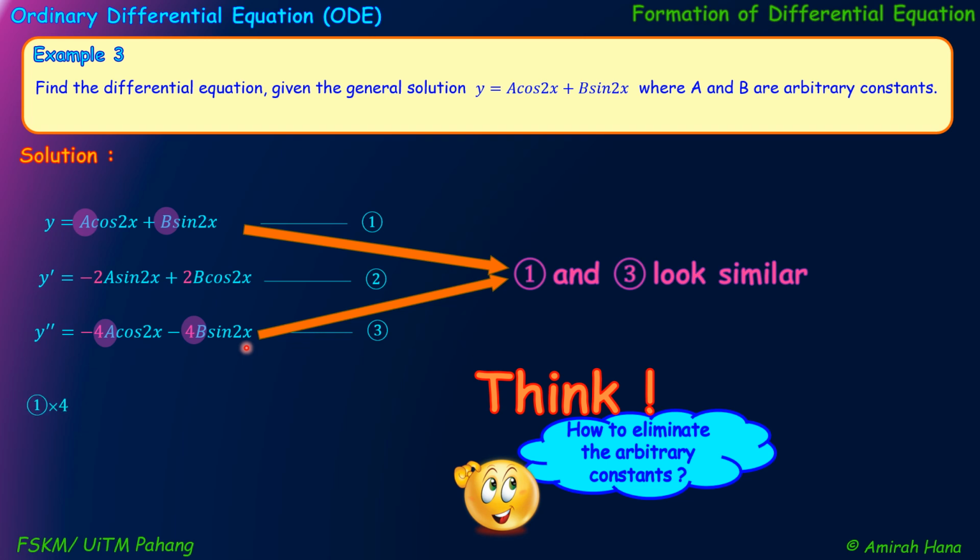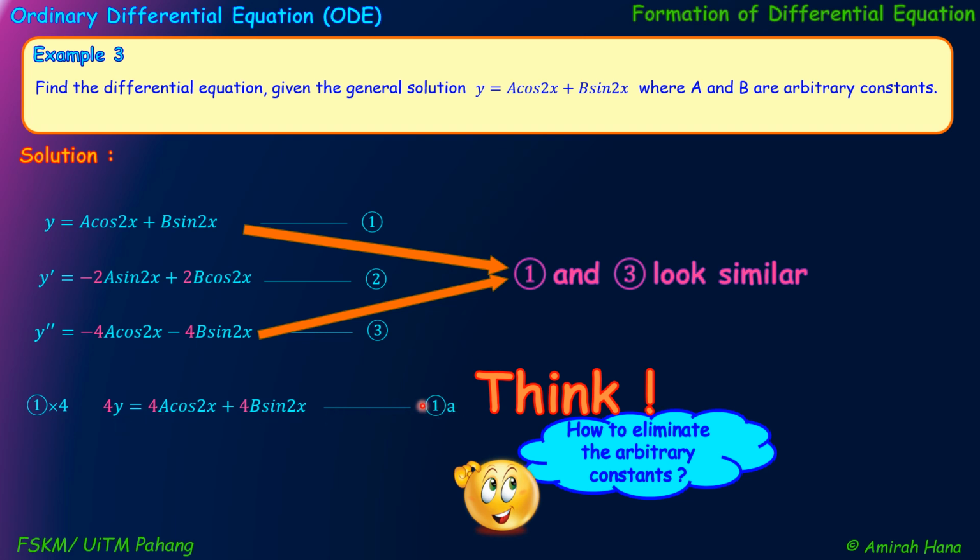So, we can multiply equation 1 by 4. We get 4y equals 4a cos 2x plus 4b sin 2x.